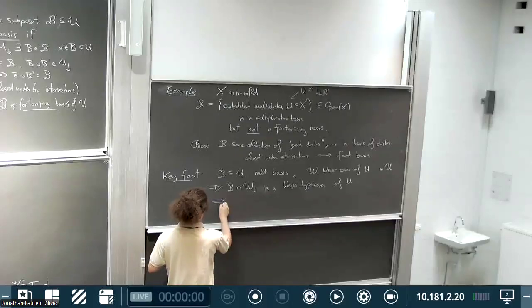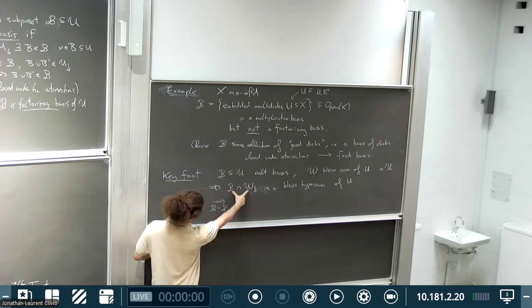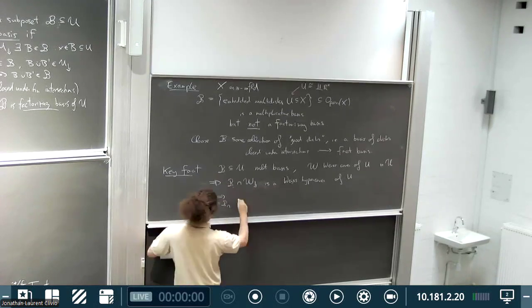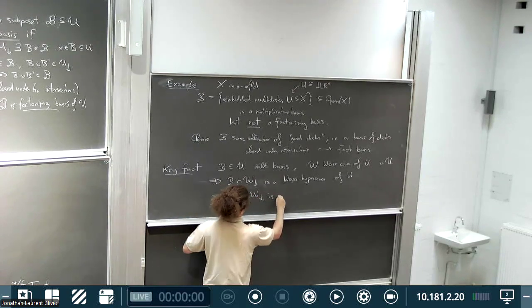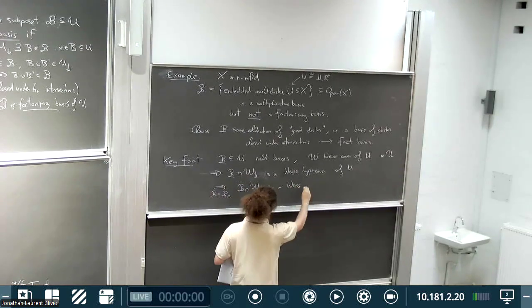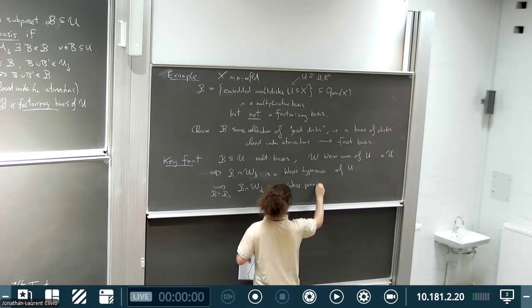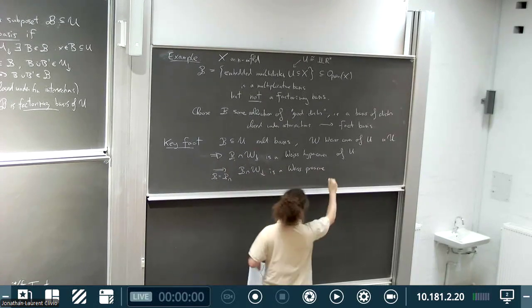And if B is even factorizing, which means that B is intersection closed, then of course this whole thing will be intersection closed. So that means this whole thing is not just a Weiss cover, but what I call the Weiss pre-sieve, which just meant it's a Weiss cover closed under intersections.